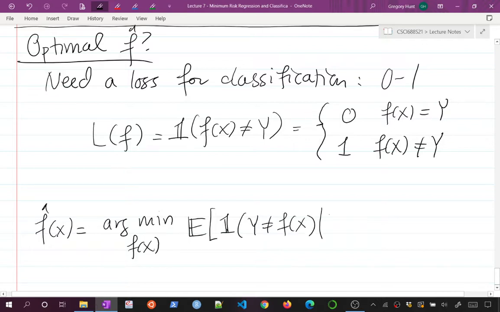Last time we had the squared loss, and you can make all the same arguments, it doesn't matter what the loss is, up to this point. Instead of that squared loss, which we said before we could minimize, we can now minimize, for the classification problems, what's called the 0-1 loss. So this thing is called the 0-1 loss.